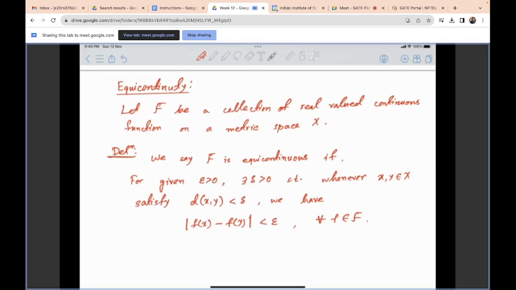It should hold for all x; you get a single delta, right? So this is uniform continuity.